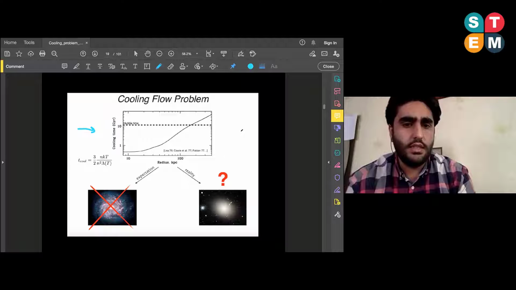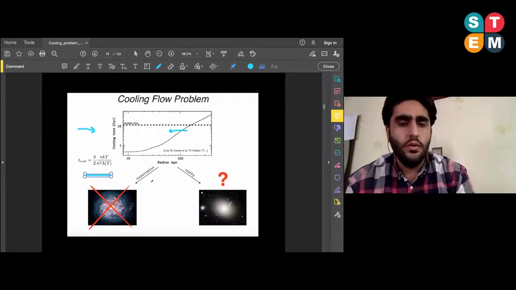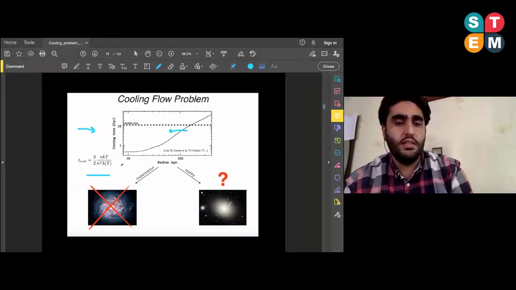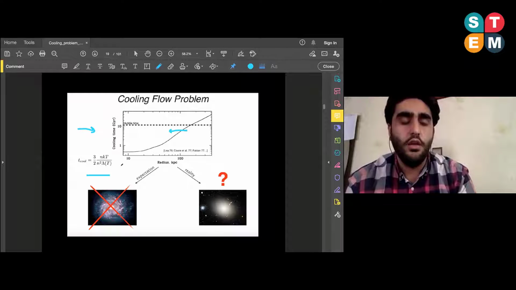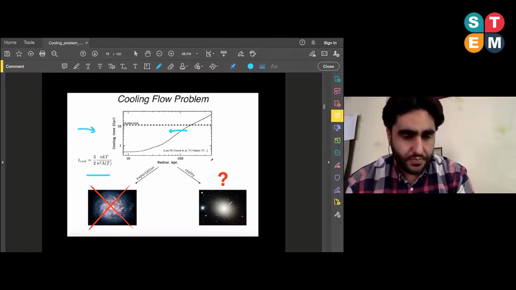Below some radius, the cooling time, this axis is for cooling time, reaches less than a gigayear, and this leads to some discrepancies between the predictions of models and our observations.